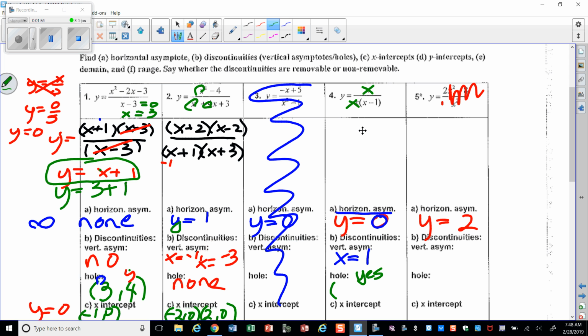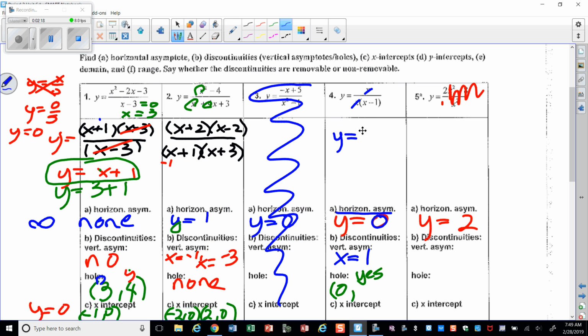What value of x is going to make that denominator 0? Well, if x is 0, then my denominator is going to be 0. So that's where the hole would be. And if I wanted to see what the y value at that point would be, I can simplify my function.